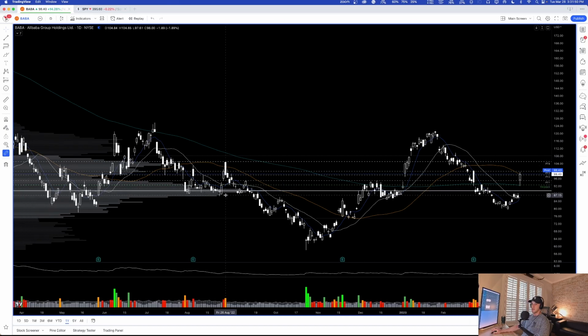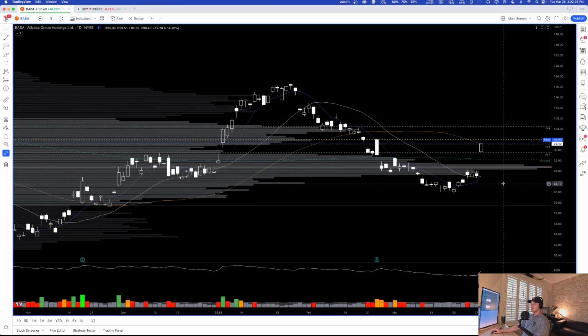If you're unfamiliar with the volume point of control, this just gives a visual of volume through price. Traditional volume shows you volume through time down here. This shows you at what share price the most volume has taken place, and that's going to be at this 89 level. And so we usually use that as a reference point.